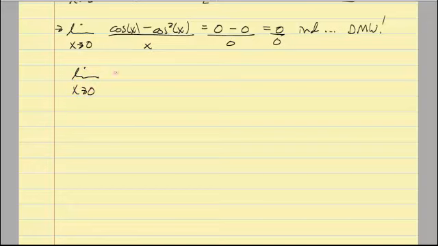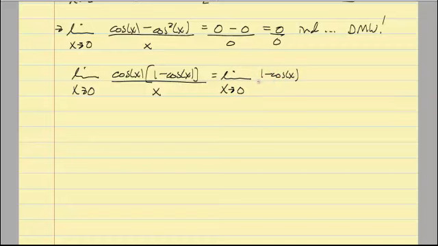I do see a cosine that's common to each factor in the numerator, so I could factor out a cosine. And now I'm seeing something that looks kind of familiar. 1 minus cosine of x over x. So I can look at this factor and rewrite. So let's look at the limit as x approaches 0, and I'm going to pull this apart very strategically because I want to be able to take the limit of this first piece using that theorem.